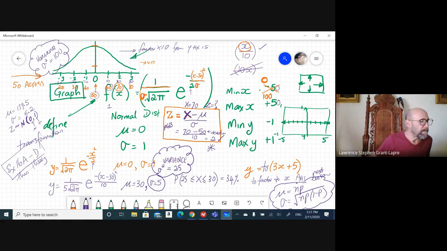So they're just saying Z is the number of standard deviations. And it says find the probability that X is greater than 151.9.